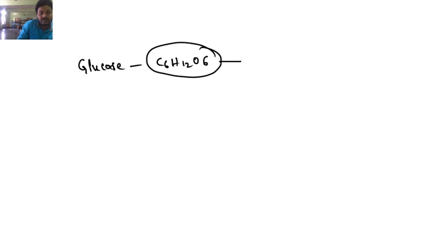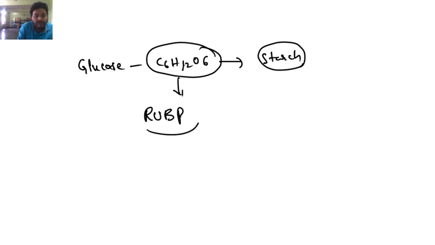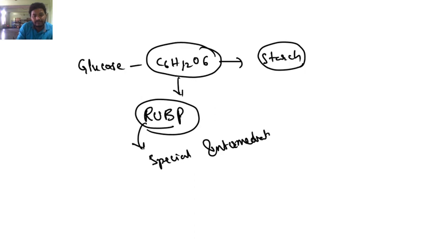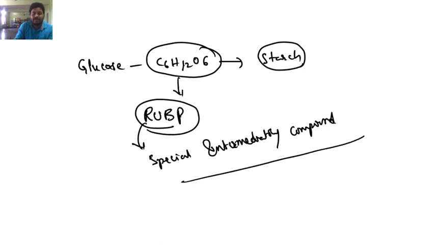In converting glucose to starch, a special intermediary compound called RuBP helps.